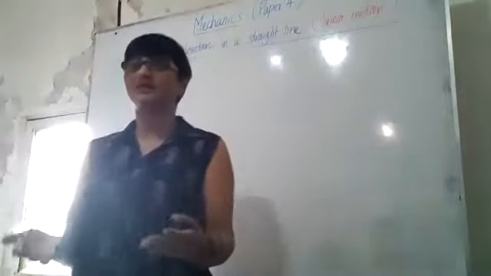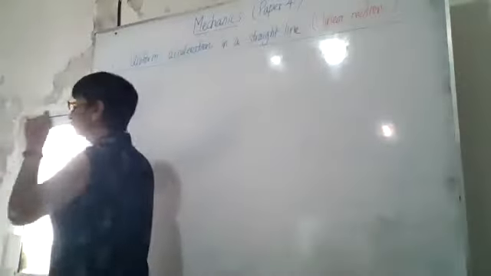So the first subtopic, basic definitions related to motion. We'll start from there because these are words that will come up all the time while we are in this topic. Speed, velocity, acceleration, distance, displacement. These are the things that we will talk about. So you have to know what they are.